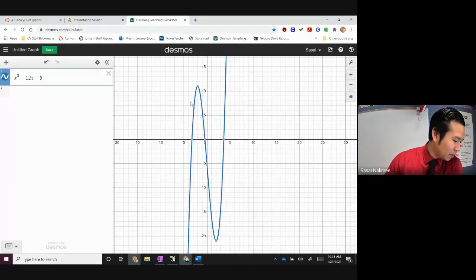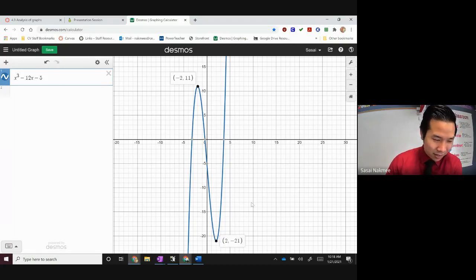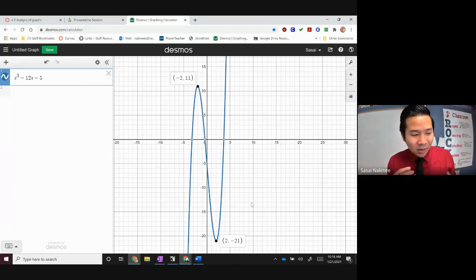It's going up, then it's going down, then it's going up. Where does it change direction? It changes direction at x equals -2, and it changes direction at x equals 2. It's mind-blowing, I'd say. This is kind of neat. You can do this now numerically. You can calculate these things just by looking at the function and its derivatives.